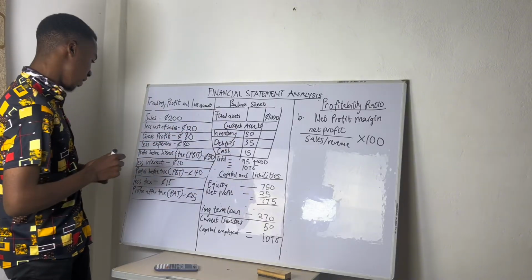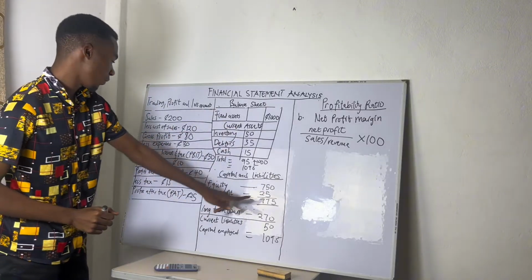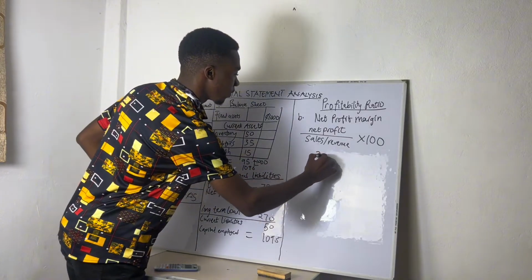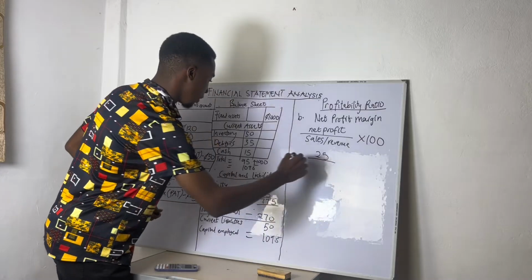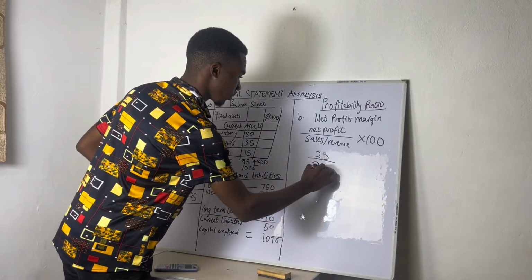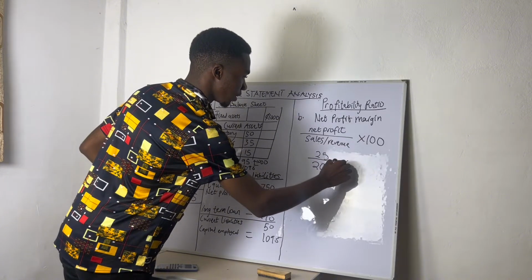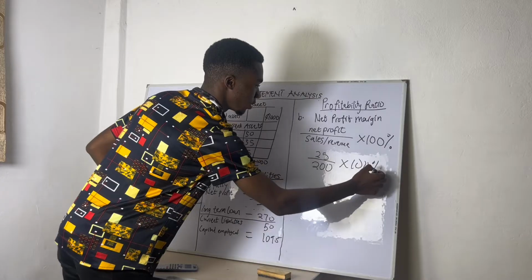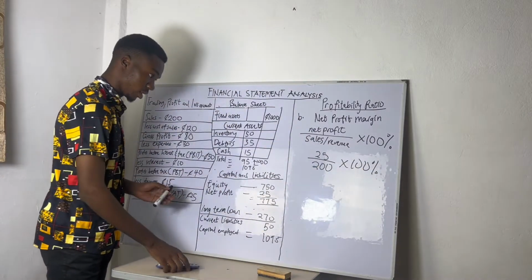And the net profit, you have it here to be 25, which is the same as the profit after tax. So you have 25 over the sales. The sales here is 200. Then times 100. It's supposed to be 100%. So let's do it on the calculator and see what you get.